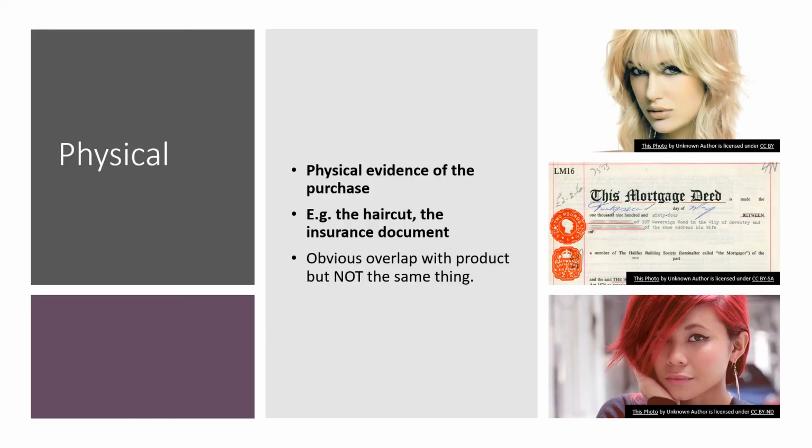Okay, so physical evidence. There's some overlap again here with things like product and place. But what we're really talking about here is the physical evidence of the purchase, which isn't so much the product itself. So the classic example I like to use is a haircut. If I go to a hairdresser and get my hair done, I'm paying for the haircut itself, but I'm also paying for the experience.